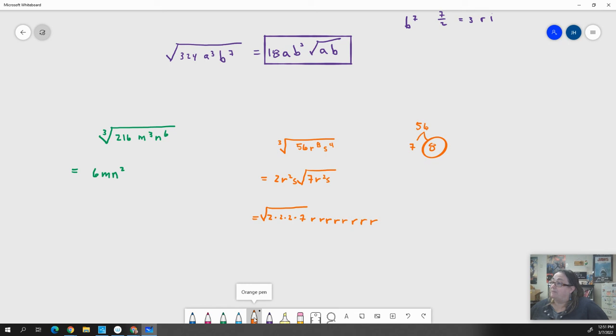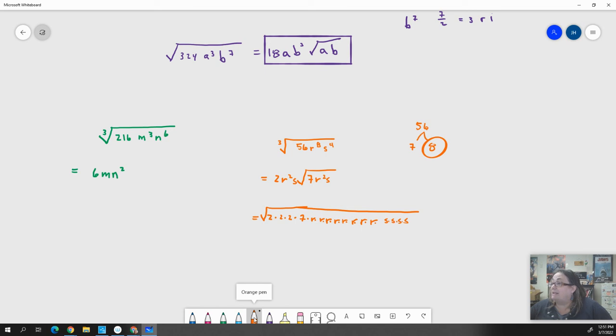How many do I have there? Good. And then I have s to the 4th, s times s times s times s, right? That's ultimately, if I broke that whole thing down, what it would look like. I'd have all of these things in their smallest component times each other, right?